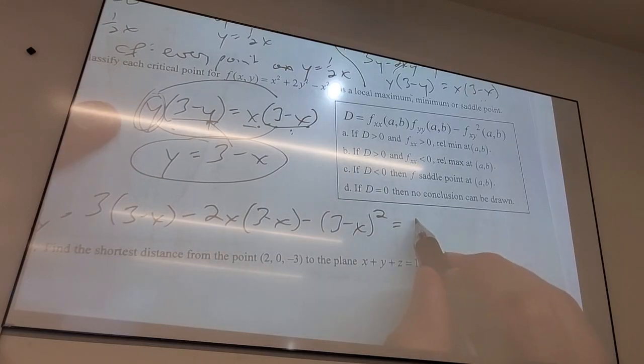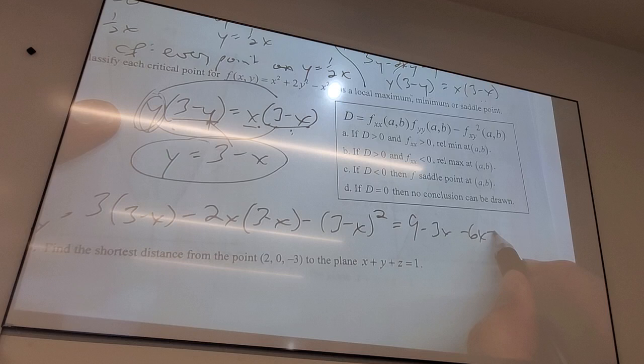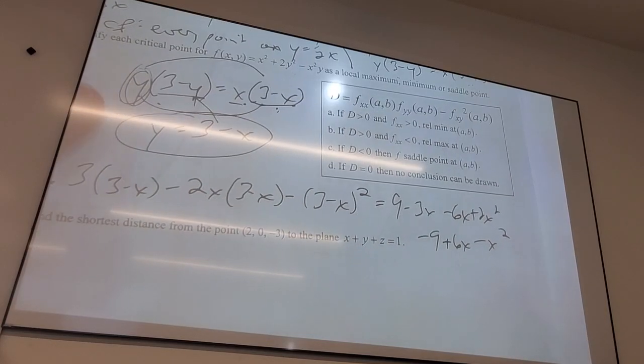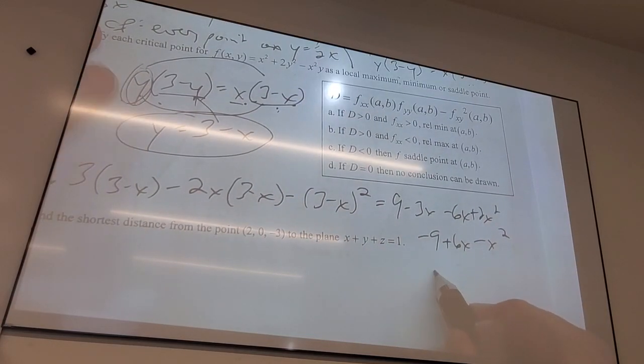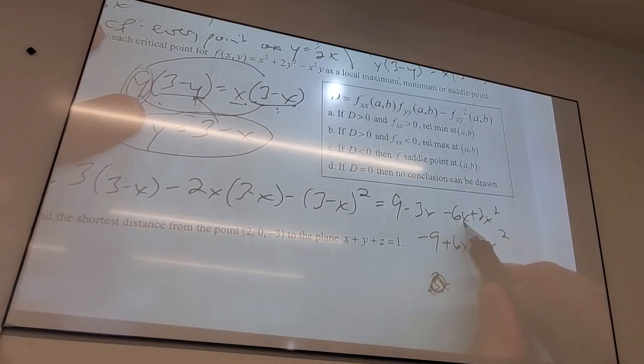Yes? 9 minus 3x. Yeah, 9 minus 3x minus 6x plus 2x squared minus 9 plus 6x minus x squared. So this becomes 3x. Oh, let's see. Sorry. Negative 9x. Yeah, so negative 3x plus x squared.